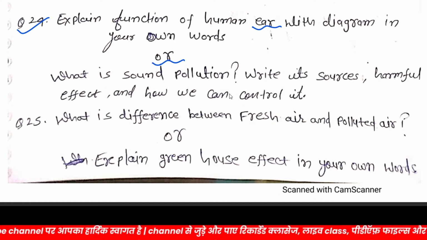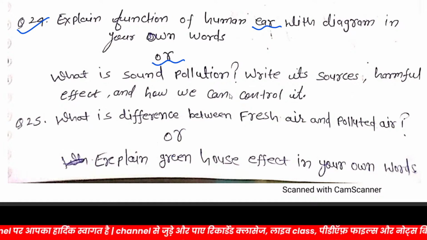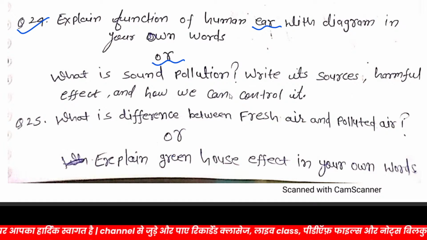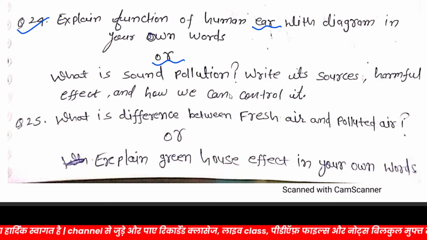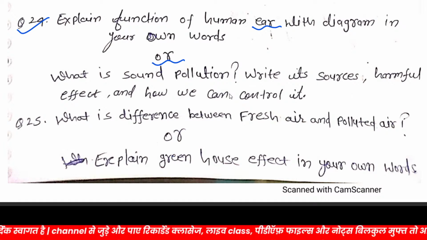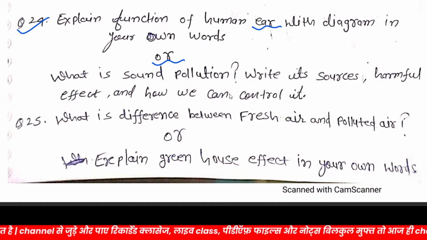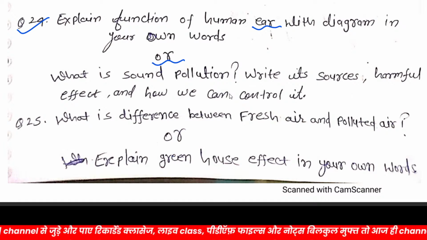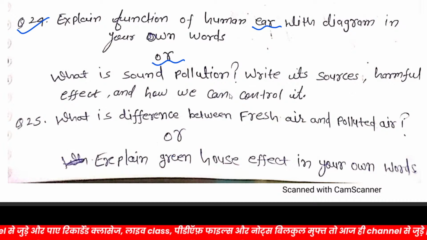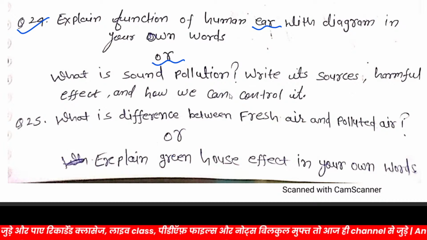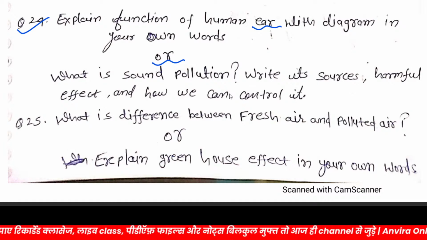It may cause many health related problems like lack of sleep, hypertension, and many more health disorders. Noise producing factories should be set up away from residential areas. Use of automobile horns should be minimized. TV, radio, and loudspeakers should be played at lower volumes.